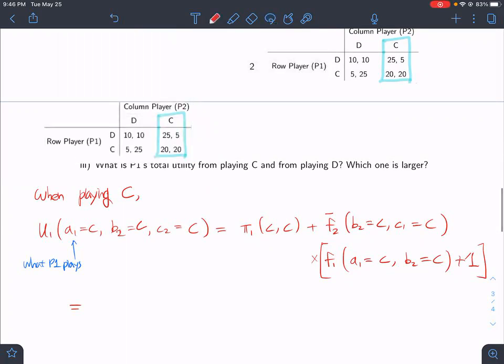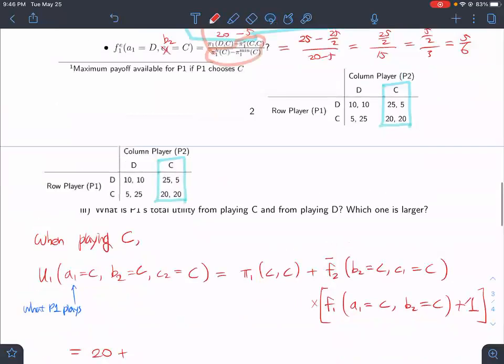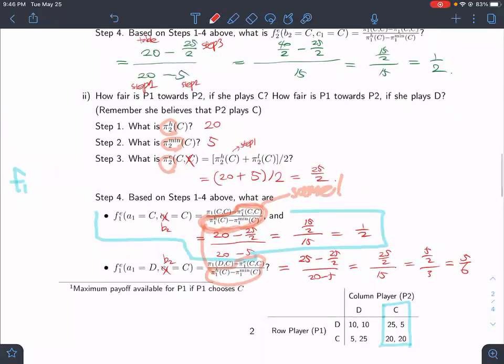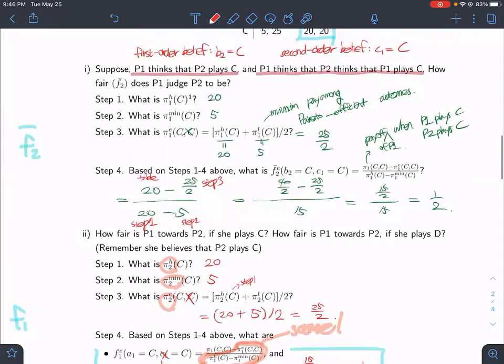So pi1 CC, my payoff when we both play C and C, is 20 plus F2 bar. F2 bar was 1/2, the answer for the first part of the question.